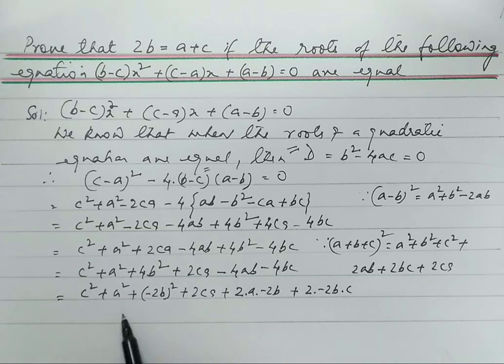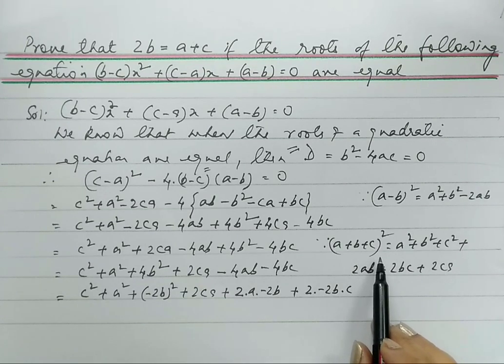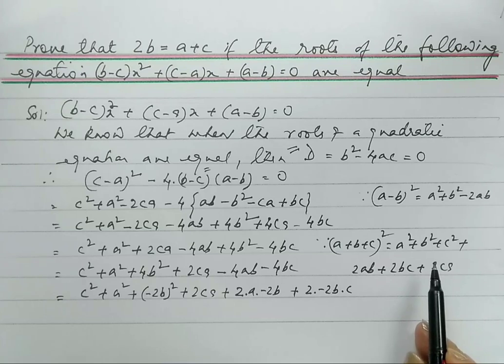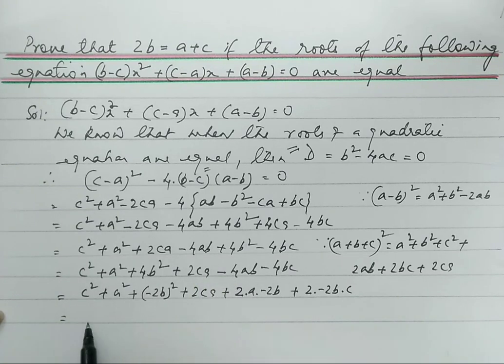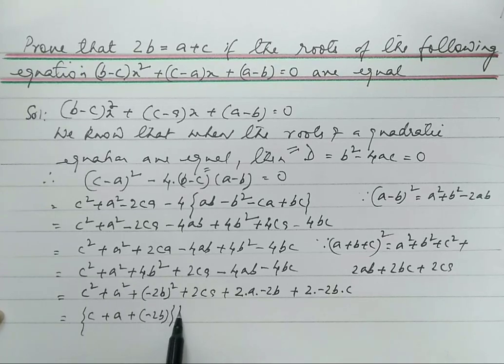Which means this entire thing is in alignment with this identity, a plus b plus c whole square. So can we not write our a's and b's and c's, pulled from this? So what is our a? c, a and plus minus 2b whole square.